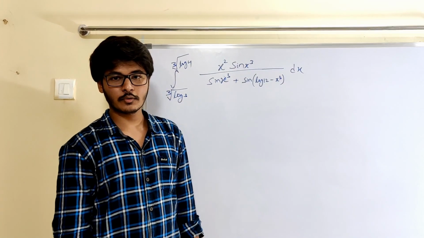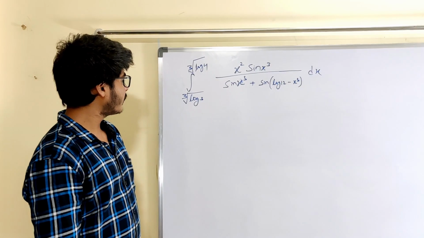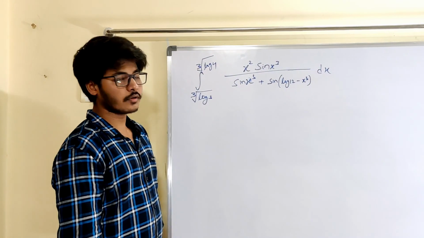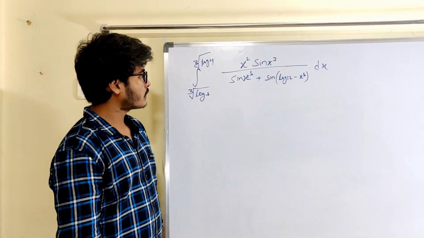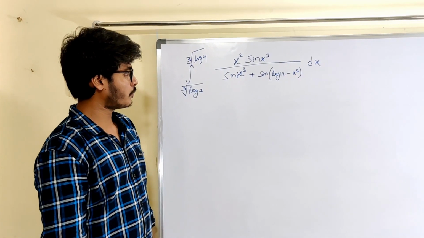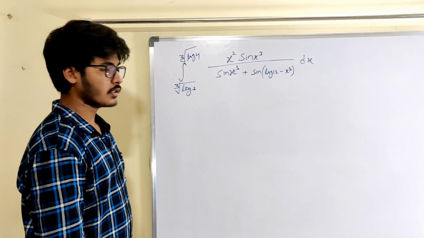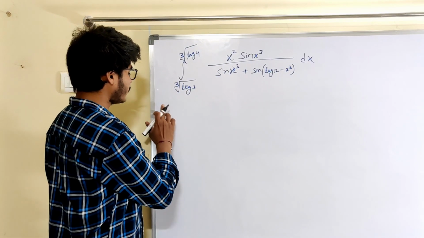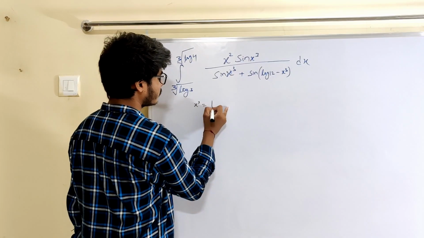Now we will see one question related to definite integrals. Here the question given is integral from cube root of log 3 to cube root of log 4 of x square sin x cube divided by sin x cube plus sin of (log 12 minus x cube) dx. Now we will see how to solve this question. First we will take x cube as t.